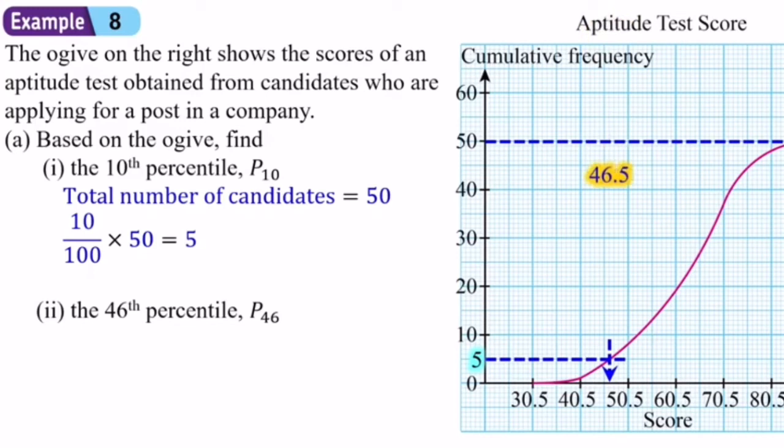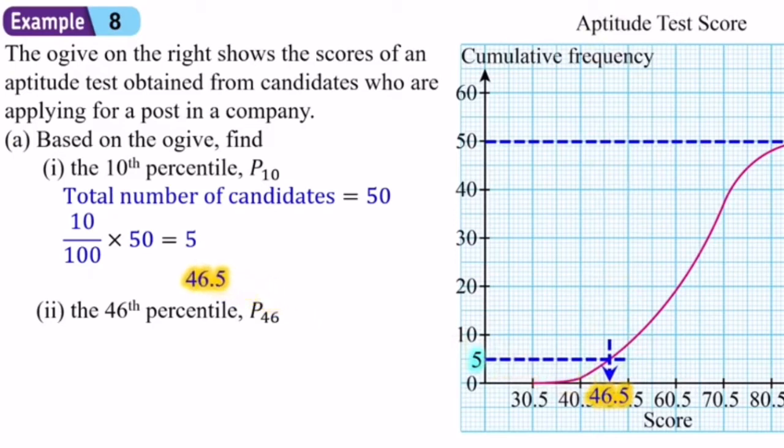Remember, I taught you. So we counted the boxes, right? It's actually 6.5, right? So we will say it's 46.5. Because there are 10 small boxes and the difference is 10, that means one box is representing 1.